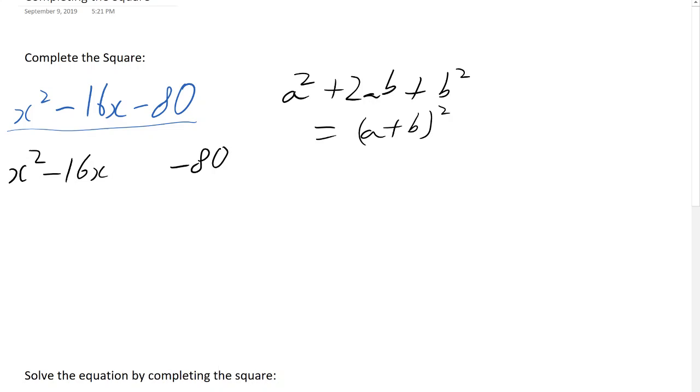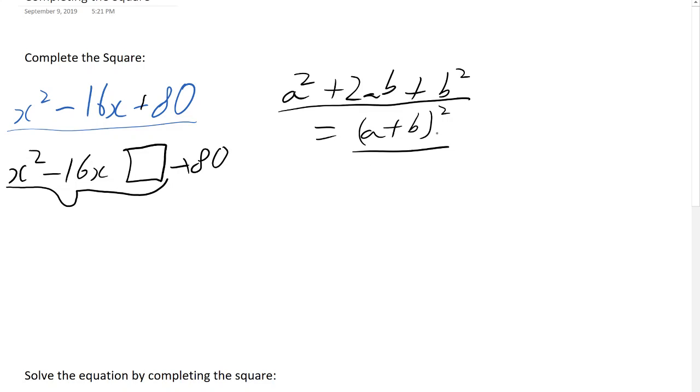Oh, my bad, it was positive 80, not negative 80. So next, what we have to do is add a term here that would make this into a trinomial like this that we can turn into a square.